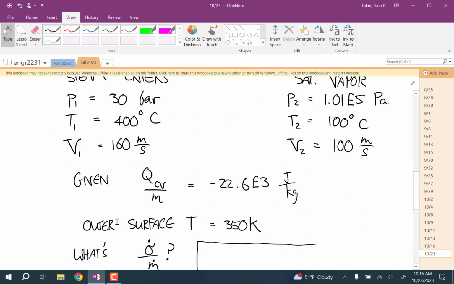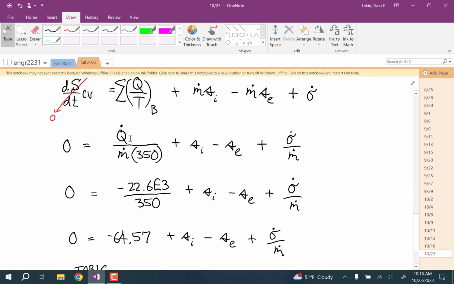So we have 30 bar and 400 degrees Celsius.